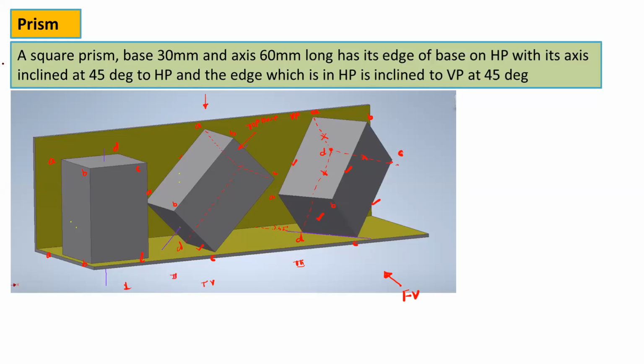You will be given a problem statement and only the angles will be specified, and from that we have to visualize the three-dimensional position of the given solid. Then, by observing the first stage and second stage, that is our front view and top view, we have to observe which is the visible edge from the front view and which is the visible edge from the top view, and then complete the final stage front view and top view.